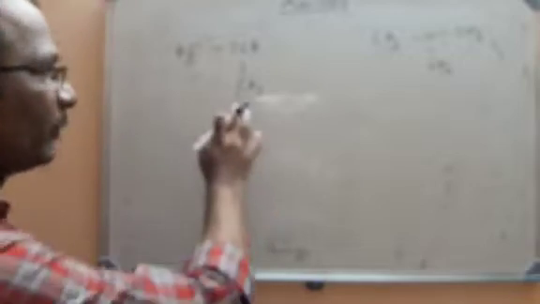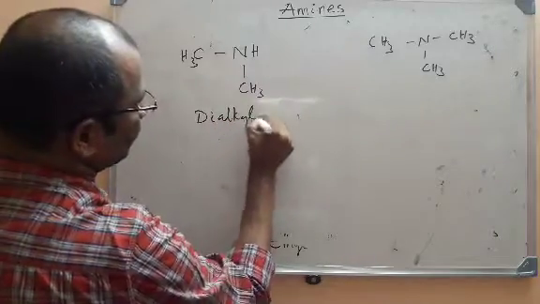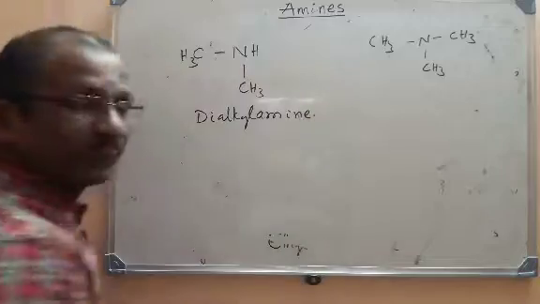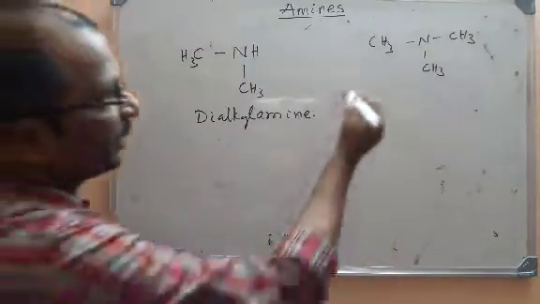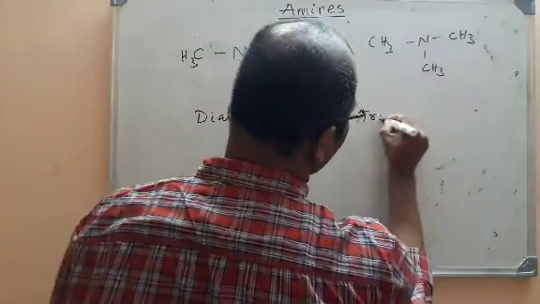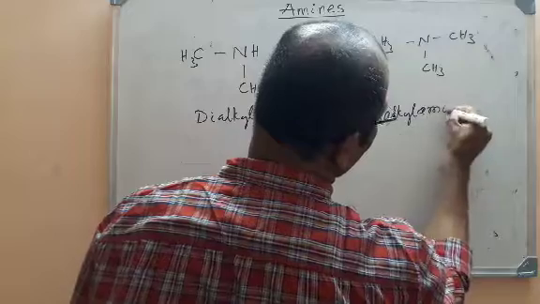In the case of a secondary amine, while giving the IUPAC name, we write the alkyl group first, this dialkyl, followed by the word amine. And in the case of this molecule, we'll write a trialkyl amine.